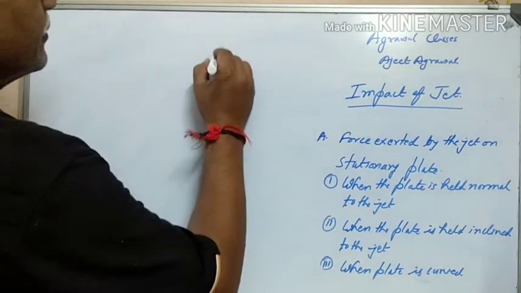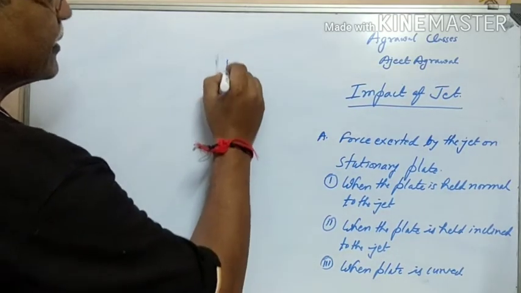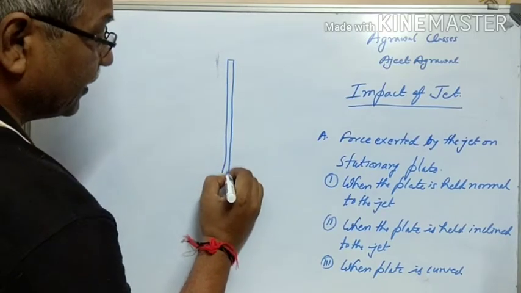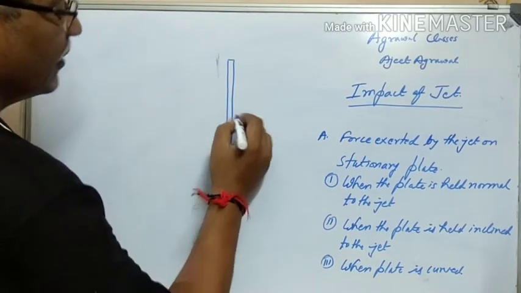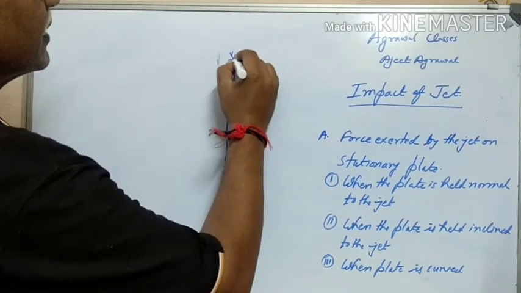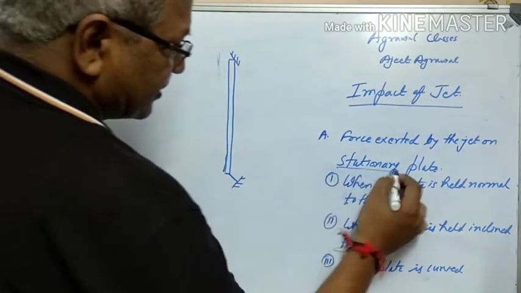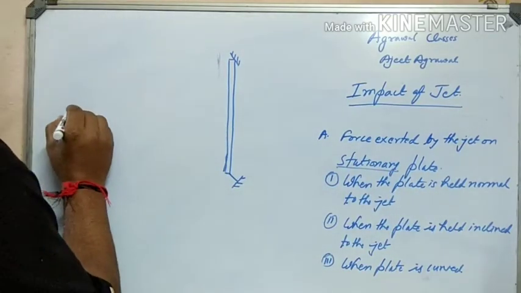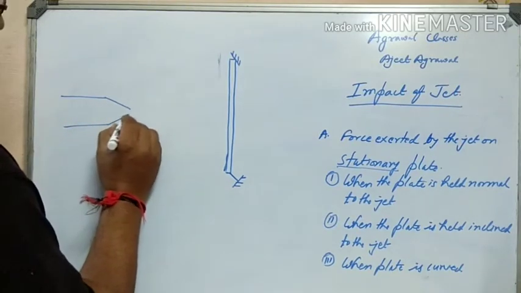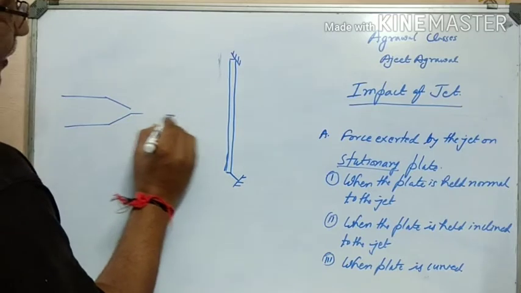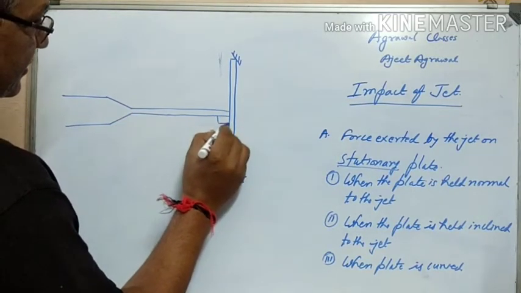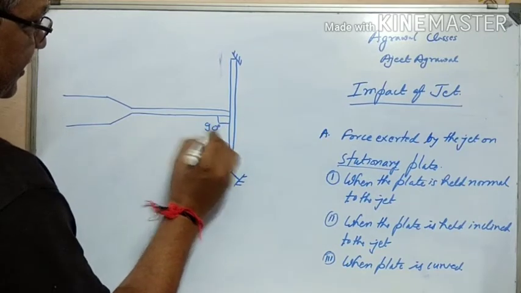So here say we have a plate, and it is fixed, it is not moving, it is stationary, and a jet is striking perpendicular to the plate. That is, this angle is 90 degrees.